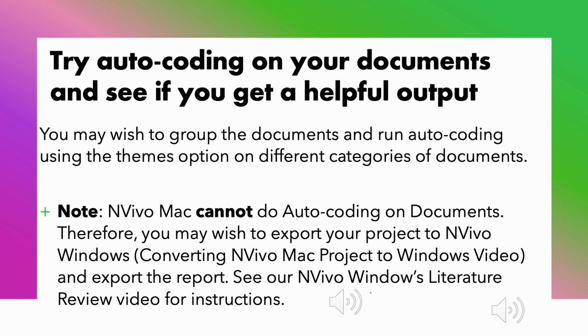In order to do so, you can look at the Converting NVivo Mac Project to Windows video, which is on our channel. You can export the project and import it again through data tape. Once you import that, see our NVivo Windows Literature Review video for instructions on how to conduct auto-coding.